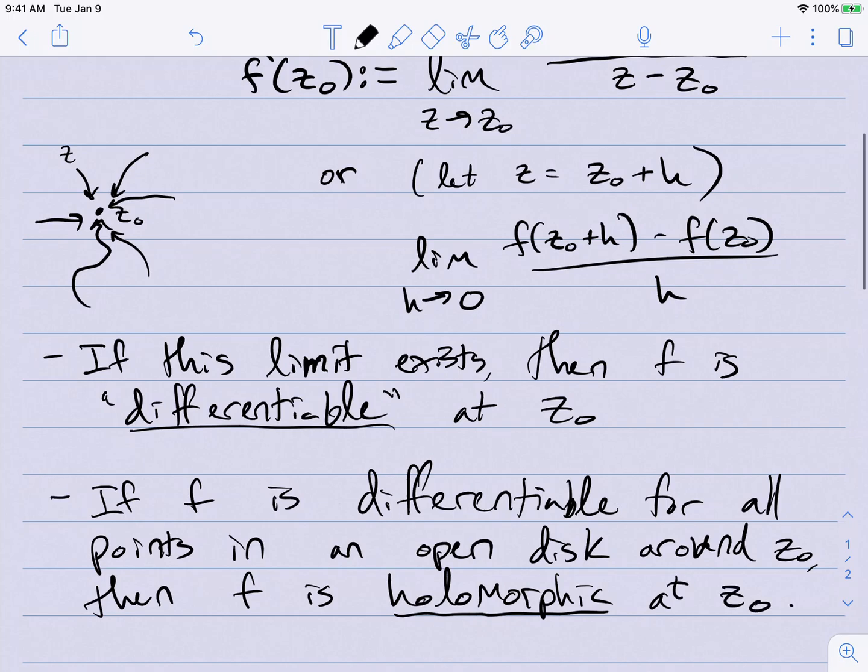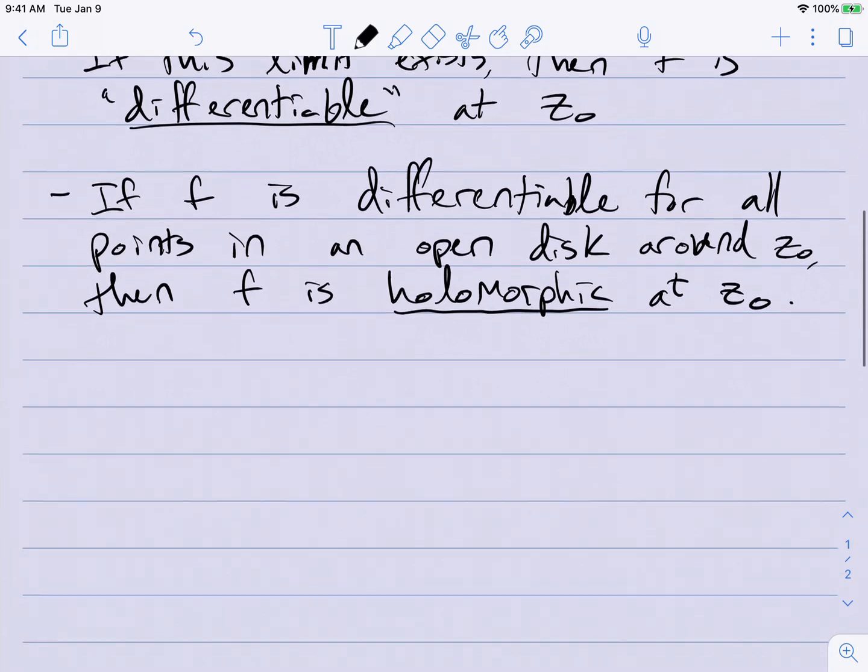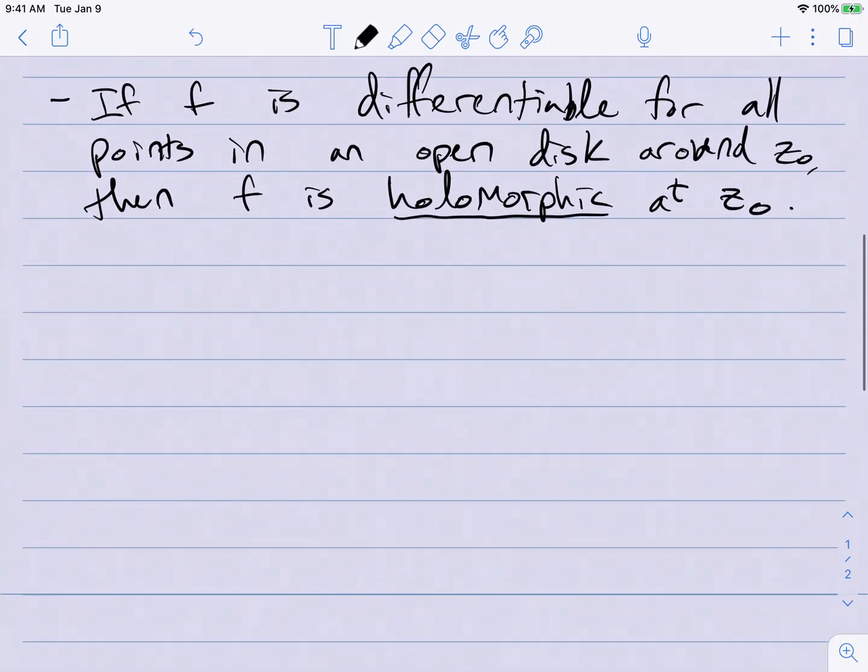So this is a new concept in complex analysis.